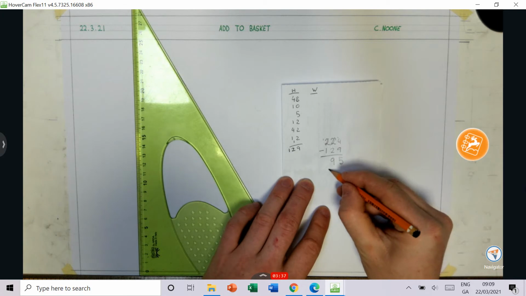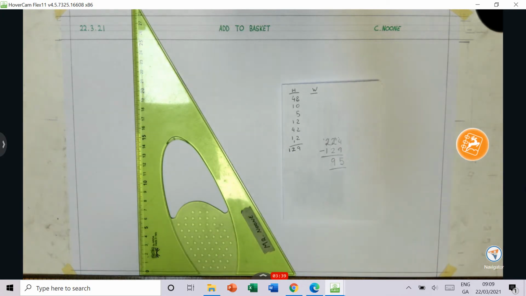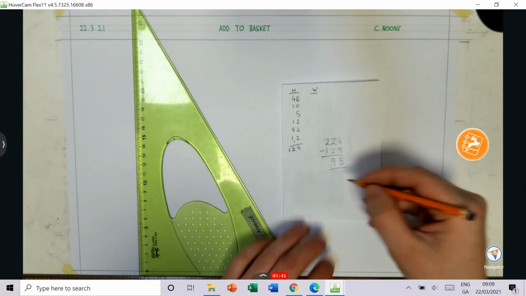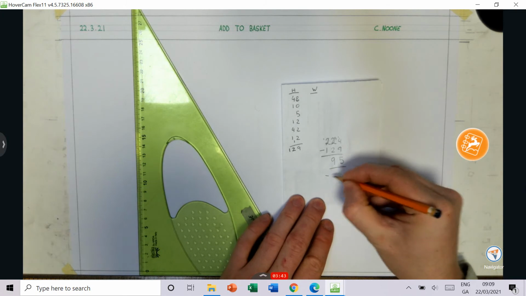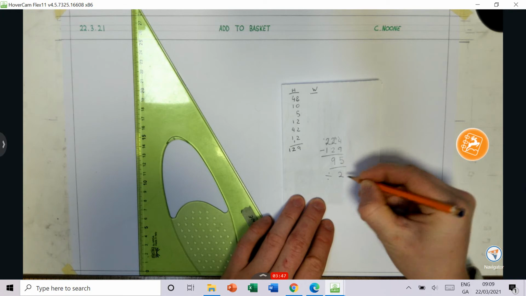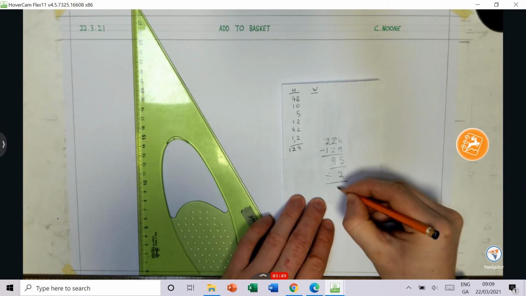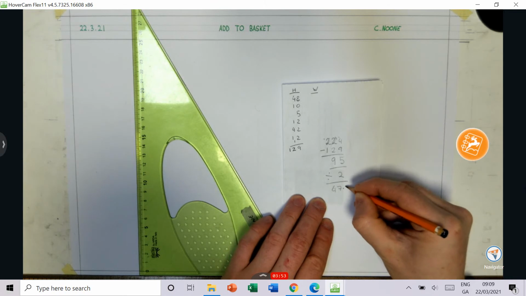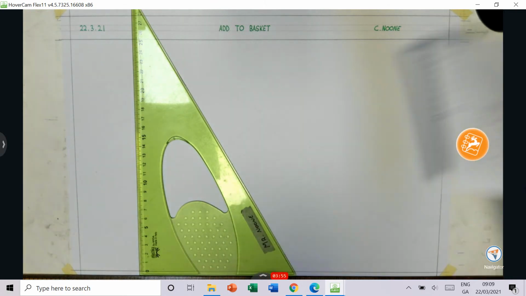Okay, that is going to be 95 millimeters. If I divide that by 2, I'm given 47.5 millimeters.